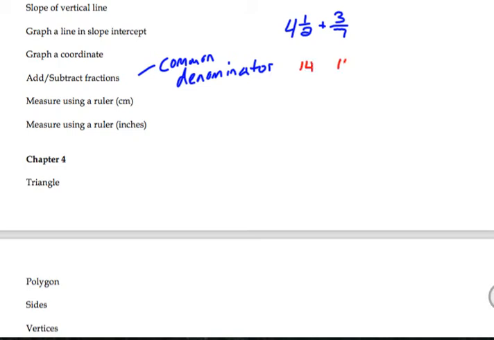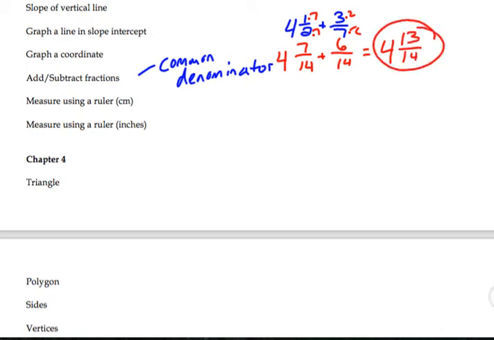So you have 14 and 14, you're adding. 7 times 2 is 14, so 1 times 7 is 7. Times both these by 2 to get there. And this would be 6. So to me this is 4 and 13 over 14. That's how you add fractions.